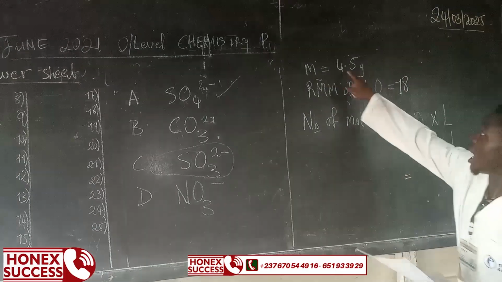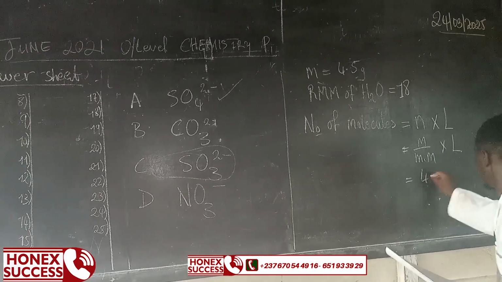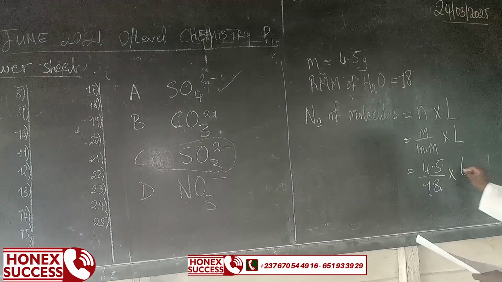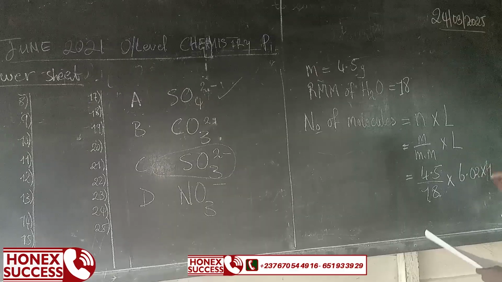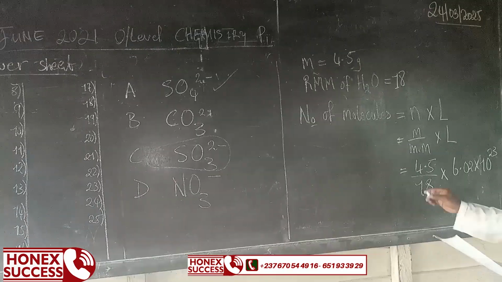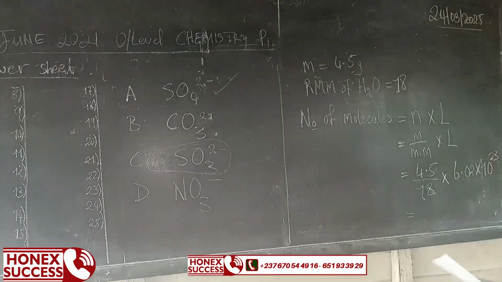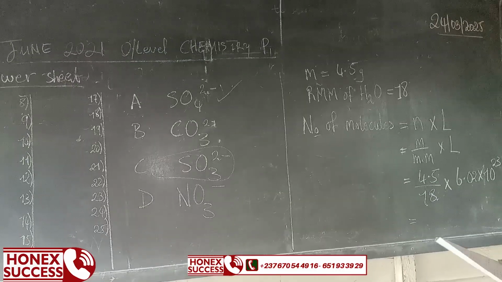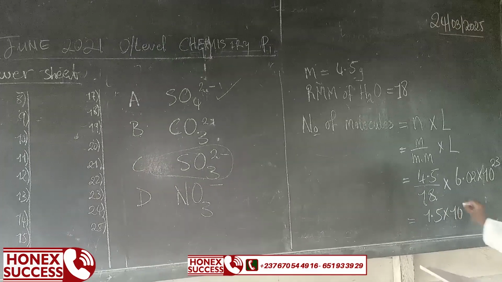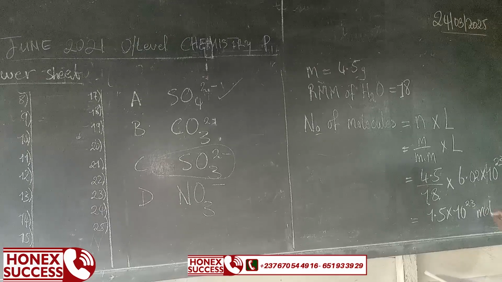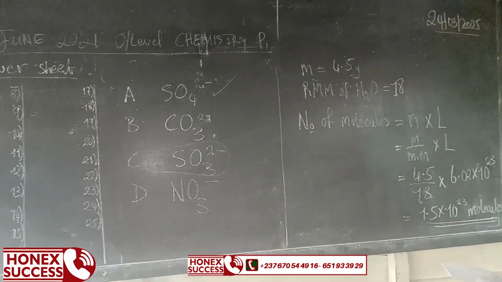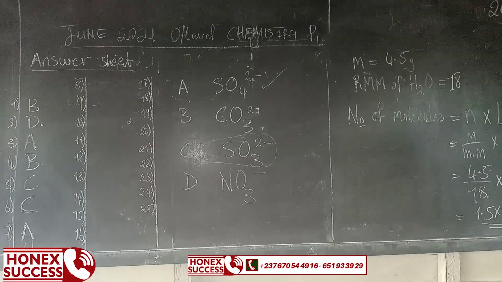Our mass was given as 4.5 and our molar mass is 18. The value for Avogadro's constant is 6.02 times 10 to the power 23. If we use our calculators, we get an answer of 1.5 times 10 to the power 23 molecules. And that takes us to option D as the correct answer.